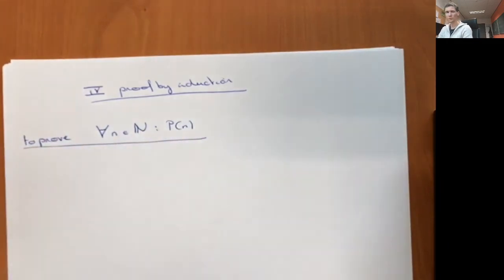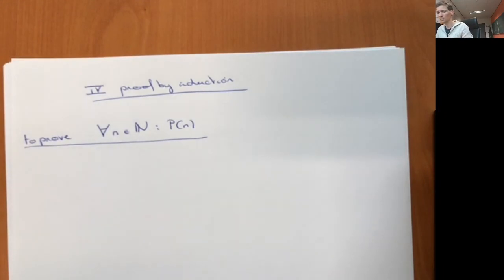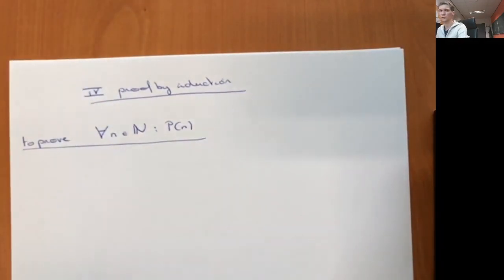So proof by induction is only used to prove formulas of this form. So if I ask you to prove something and it starts with for all n in N, and then a formula, a light bulb should go up in your head saying, oh, maybe I can use a proof by induction. It's not always the case, but at least it's a possibility that you should strongly consider.